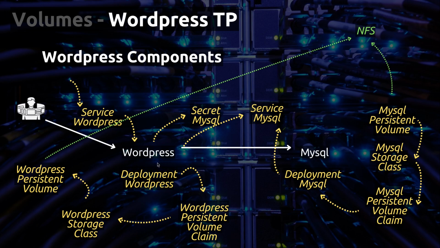Specifically, you will need to set a secret to store the MySQL credentials, mainly the user and the password, and mount this secret, the MySQL secret password dedicated to WordPress, inside the WordPress deployment. And after that, of course, you need to connect to your MySQL database.